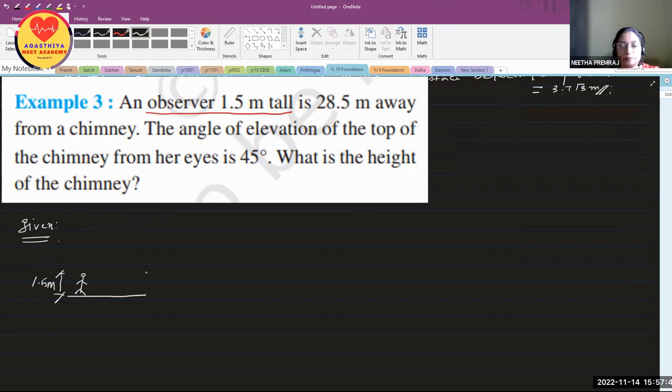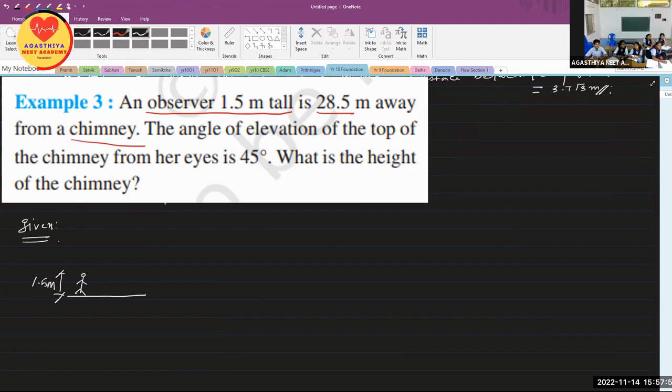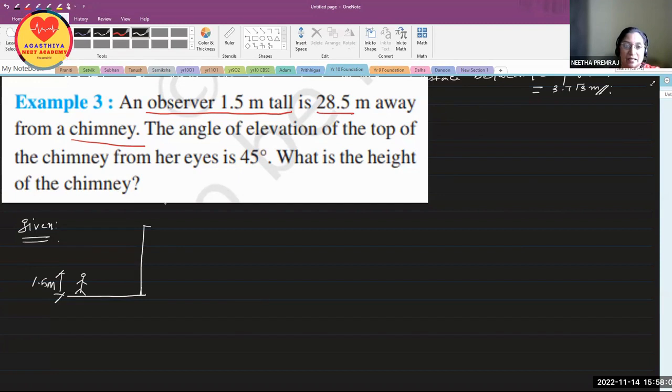Then he is 28.5 meter away from the chimney. What is a chimney? Kitchen? No, not that chimney. This is like a lighthouse or something. That is called a chimney. So this distance is 28.5 meter, isn't it?